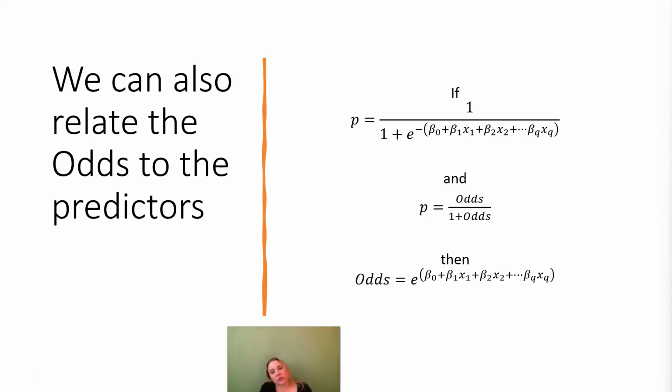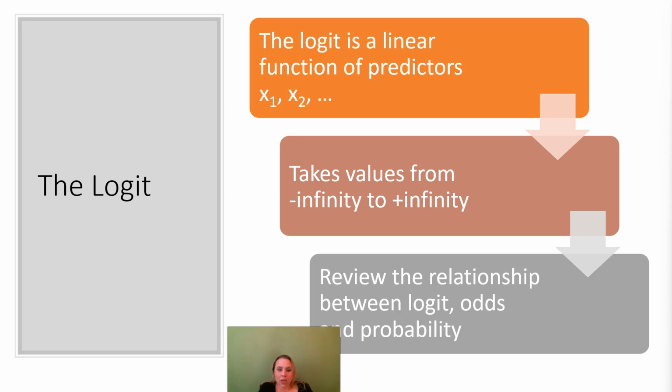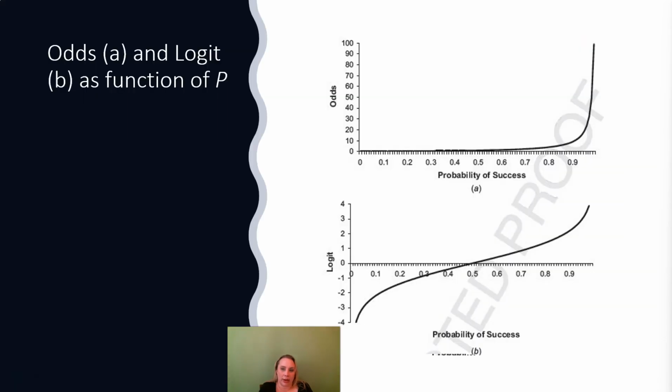So since we have these two equations to calculate the probability, we can set them equal to each other to be able to relate the odds back to our regression function. And taking the log of the odds and the log of the regression equation gives us our logit function. The logit function is a linear function of predictors that can be any numerical value, so we need to be familiar with the relationship between the logit, odds, and probability.